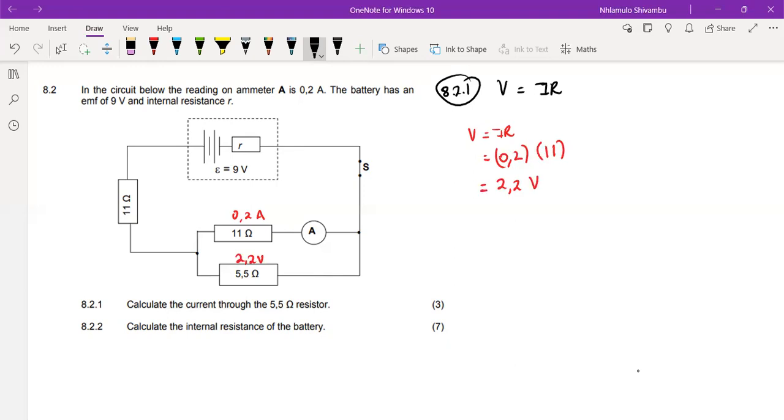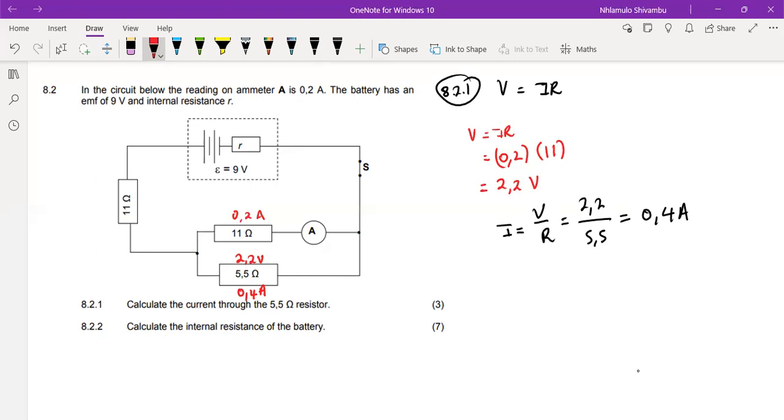The current is given by I equals V over R. The V is 2.2 and the resistance is 5.5, and this gives us a current of 0.4 amps. So the current passing through the 5.5 ohm resistor is 0.4 amps, and the one passing through the 11 ohm resistor is 0.2 amps. So we have got the currents of the parallel branches.